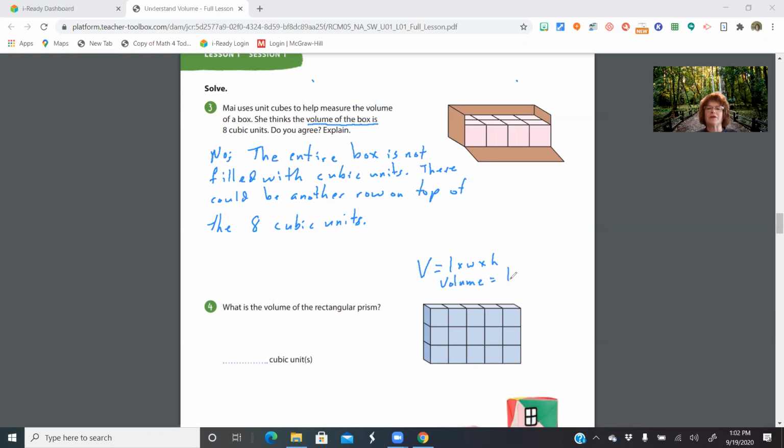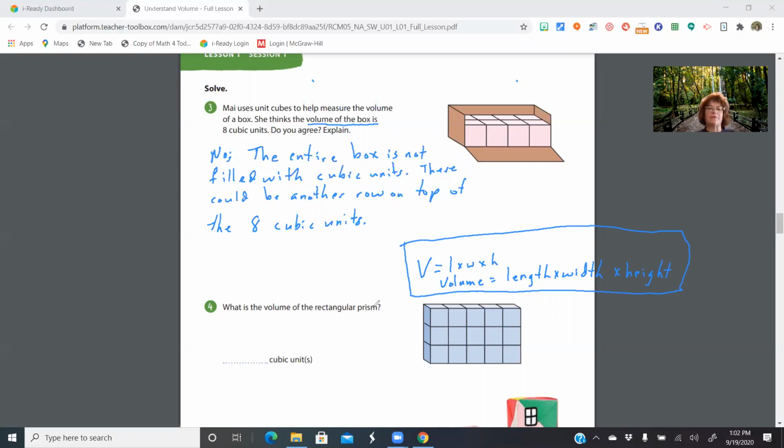Volume equals length times width times height. They haven't introduced that to you yet, but this is something that's extremely important. It's called a formula, and it's something you definitely need to memorize. And it will help you tremendously in this first unit of the math book.